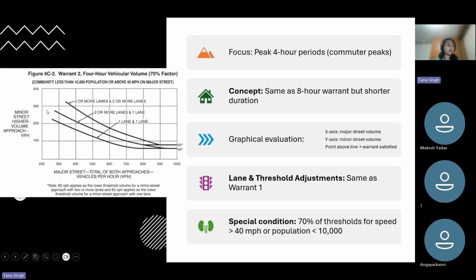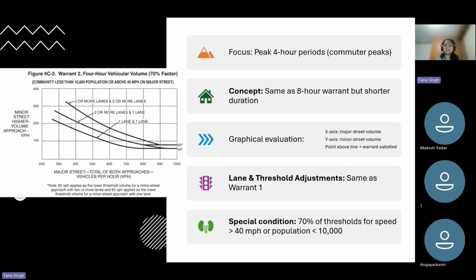Graphically we evaluate this; this is the threshold line for different cases: if there is 1 lane in both directions, if there are 2 or more lanes in one and the other has 1 lane, or 2 or more lanes in both the major and minor street. If the 4-hour volumes come above these lines, then we say that this condition has been satisfied.